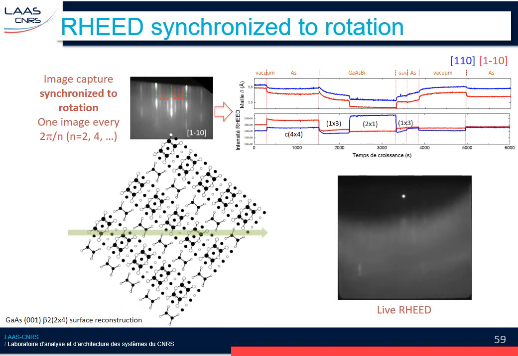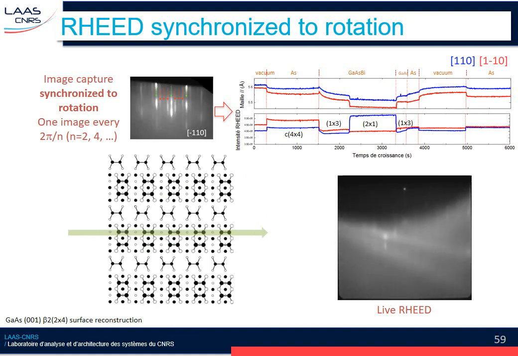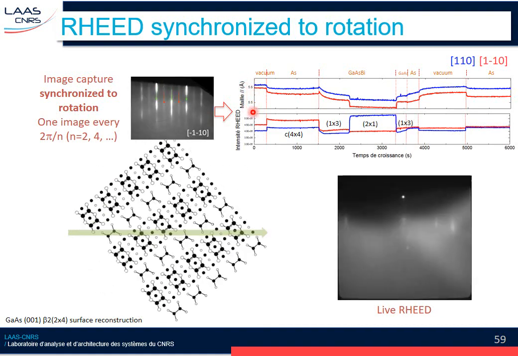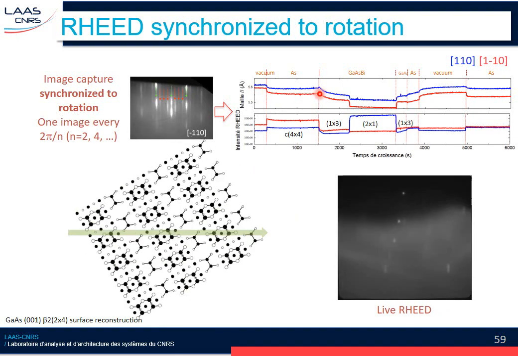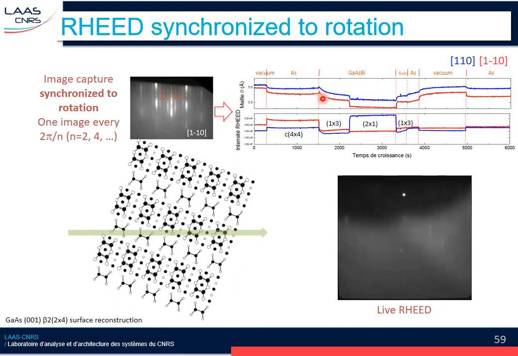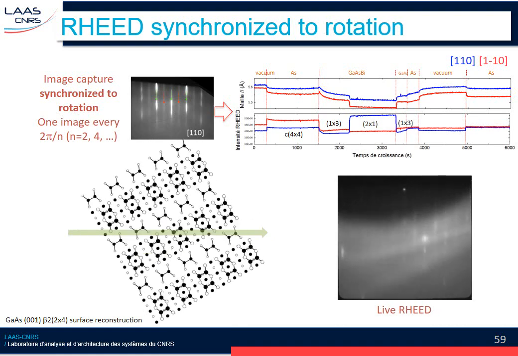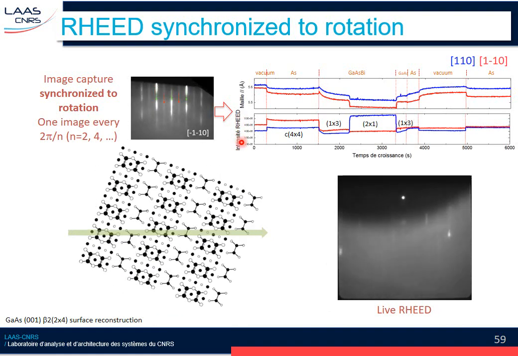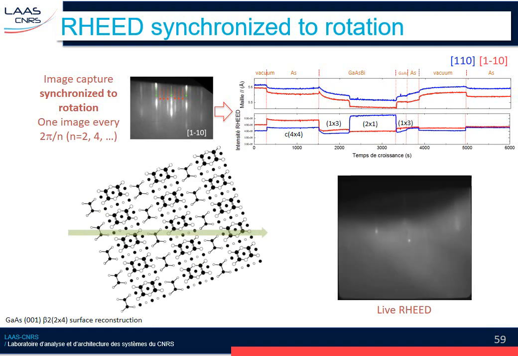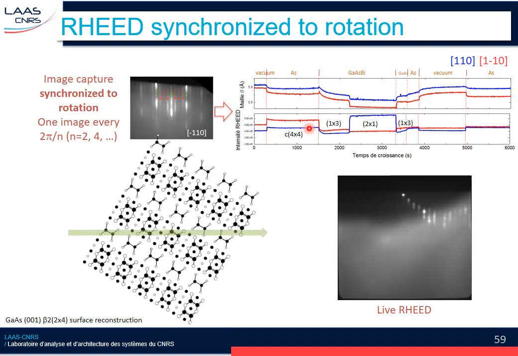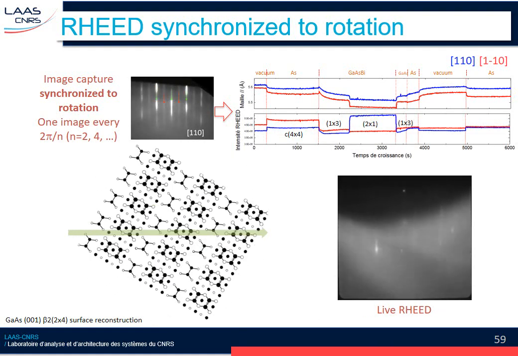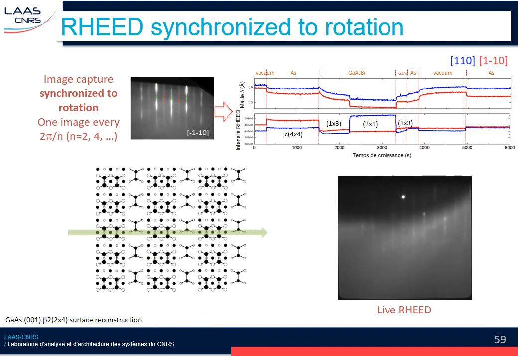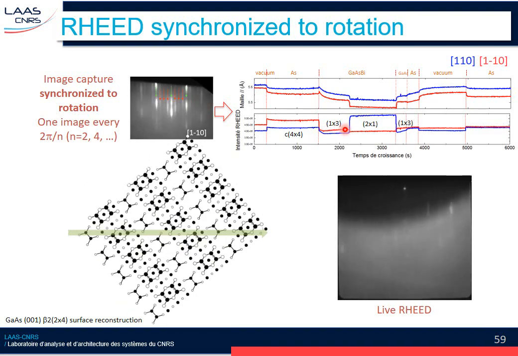So this is what we obtain. This is the in-plane lattice parameter deduced from these images during this growth sequence when we grew gallium arsenic bismuth. And this is the RHEED intensity of some streaks. Here in blue, the streak corresponding to the by 2 reconstruction, and here in red, the streak corresponding to the by 3 reconstruction.